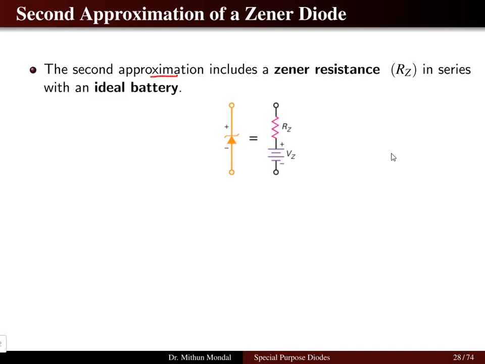The second approximation includes a Zener resistance in series with an ideal battery. So we have seen in the previous lecture that when you have a Zener diode, then that can be replaced with a battery with the internal voltage denoted by the Zener voltage Vz.